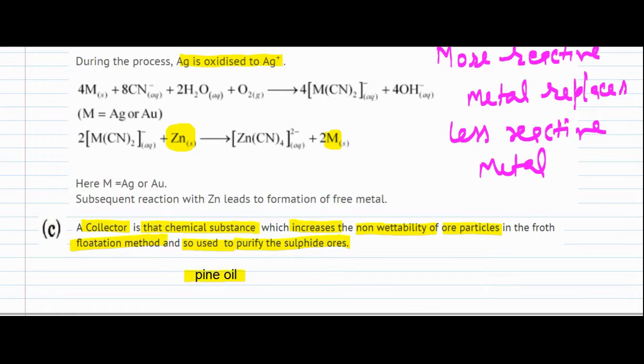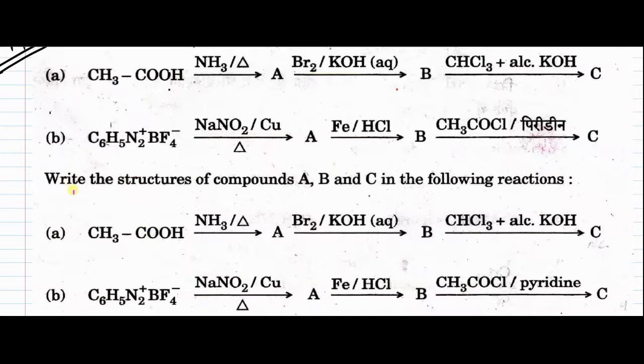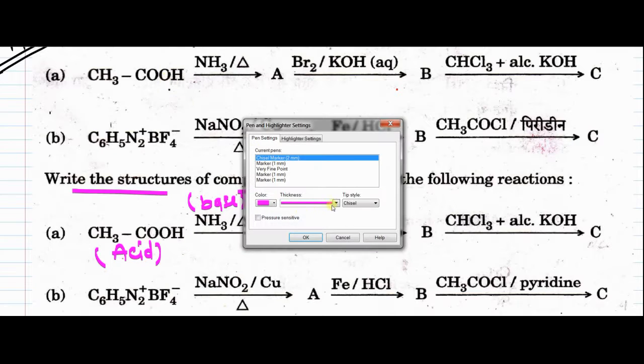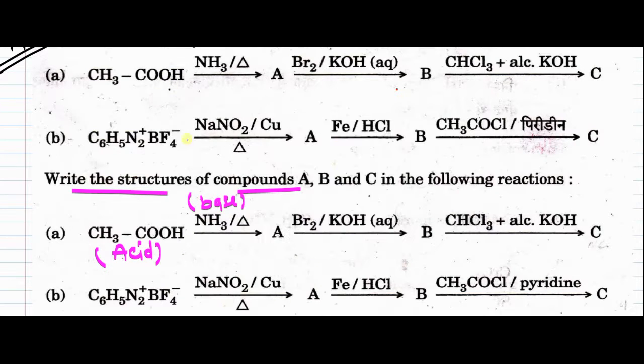Write the structure of compounds A, B, C in the following reaction. Acetic acid reacts with ammonia. It means acid reacts with base, results salt, CH3COONH4 as a salt.